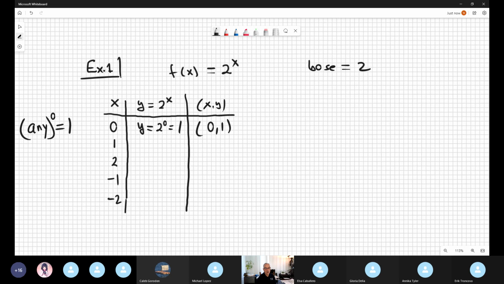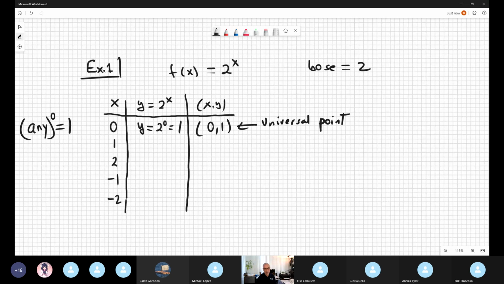Wow, then, professor, this point is universal. Universal point, any exponential passes through the point 0, 1. Because regardless of what the base is, 2, 3, 4, 1/2, the answer is always 1. Now this is a universal point.